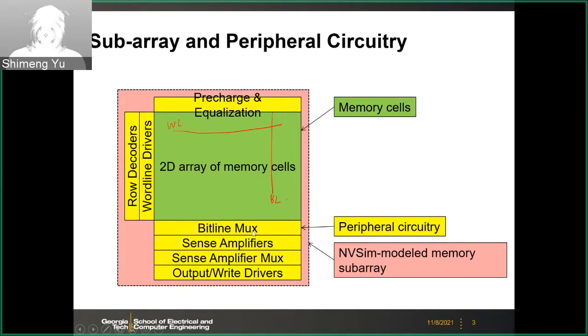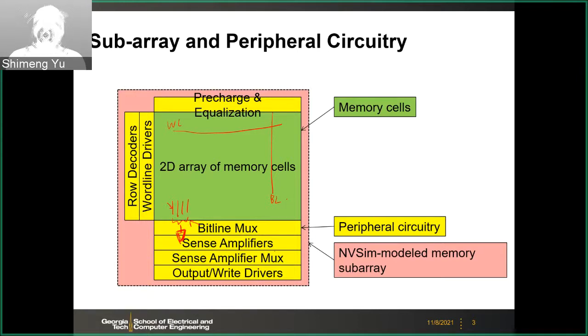The first stage mux is to share the sense amplifier among multiple columns. For example, here you may have 4 columns share one sense amp. Then you need a mux to select which column to sense at this cycle.